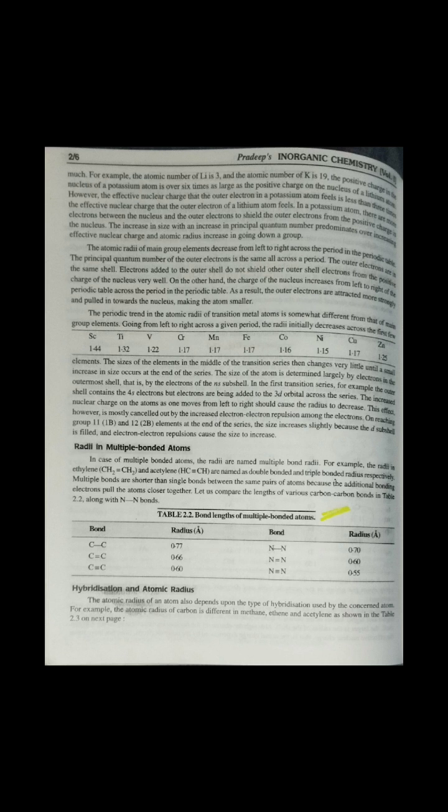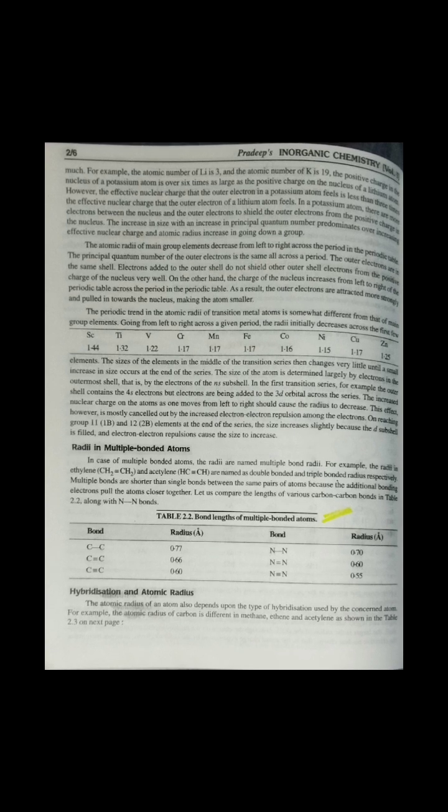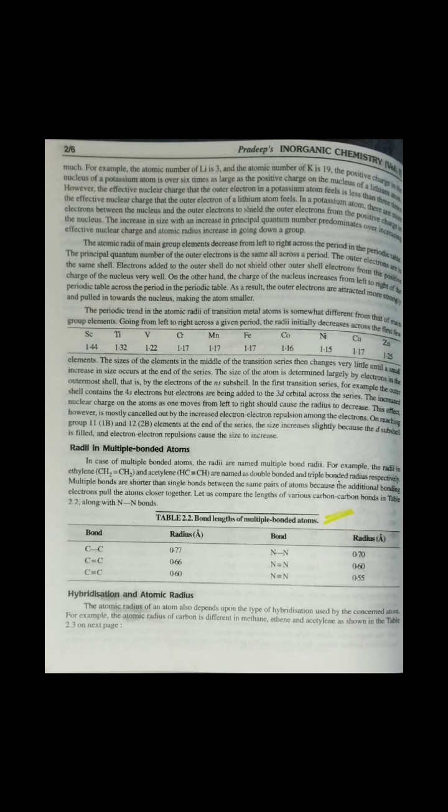In the first transition series, for example, the outer shell contains the 4s electrons, but electrons are being added to the 3d orbitals across the series. The increased nuclear charge on the atom as one moves from left to right should cause the radius to decrease. This effect, however, is mostly cancelled out by the increasing electron repulsion among the electrons.